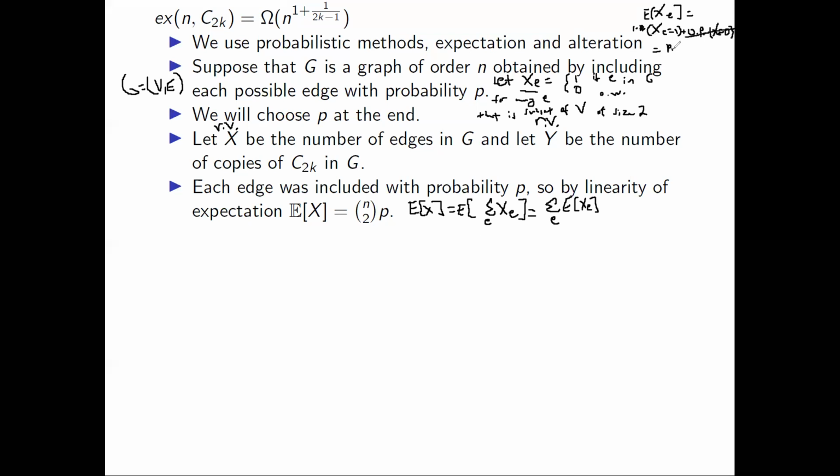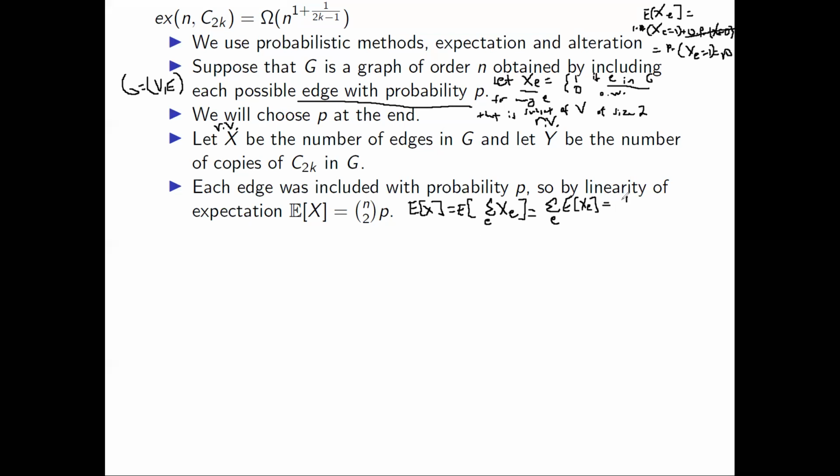So we get probability XE equals 1. And probability XE equals 1, that's the probability that E is an edge in G. Each edge got included with probability P, so this probability is just P. So the expectation of XE is P.